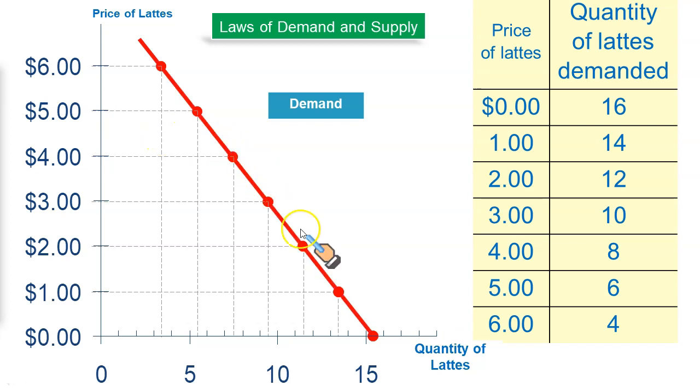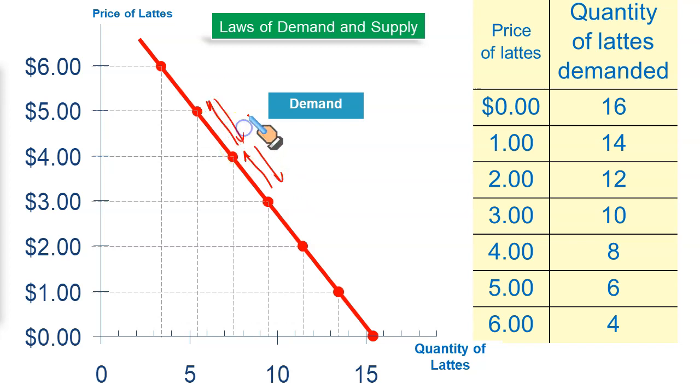This demand curve shows the quantity demanded on the x-axis and the price on the y-axis. So you can see if the price is increased from 4 to 5, the quantity demanded will fall from 8 to 6, right? And vice versa, if the price is decreased from 5 to 4, the quantity demanded would increase from 6 to 8.